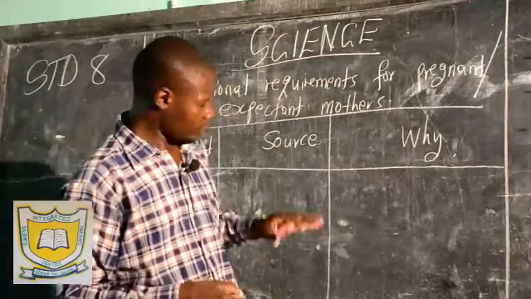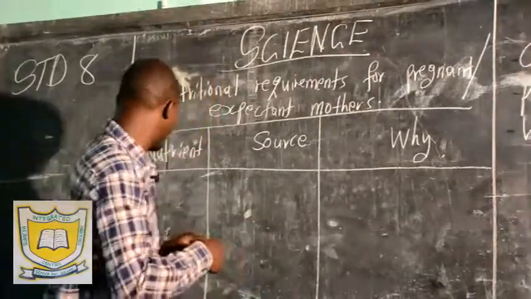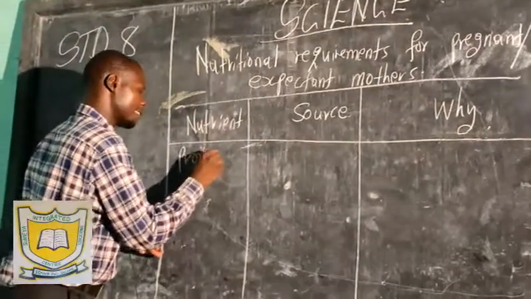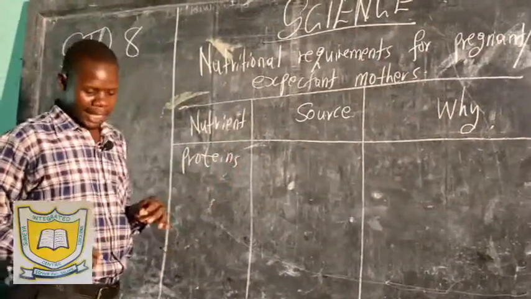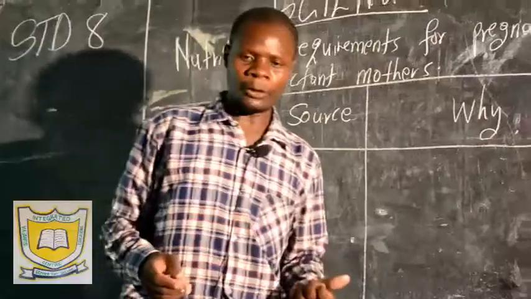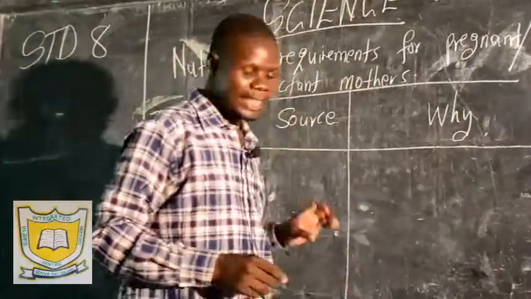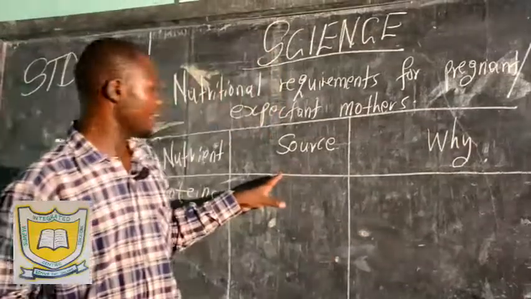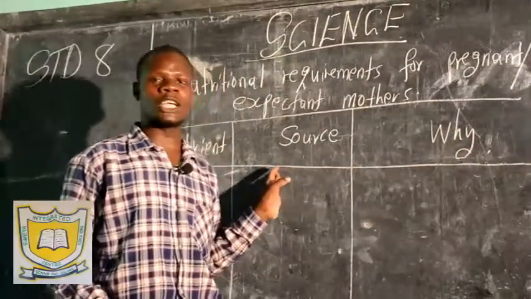Now, let us start with proteins. What are some of the foods that are sources of proteins? Different foods have proteins. We have the animal products and also the legumes.